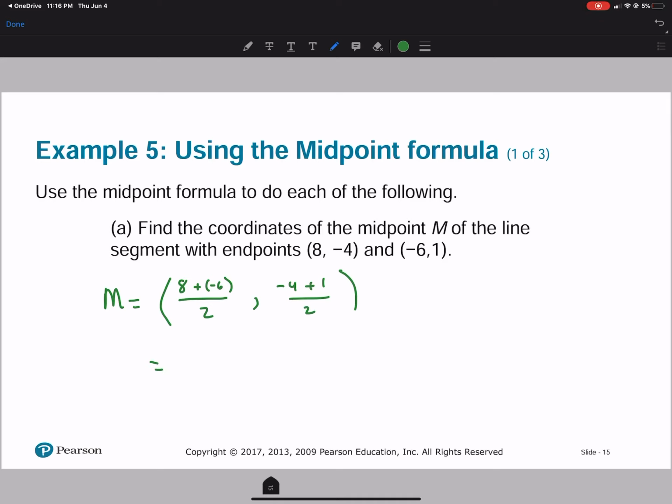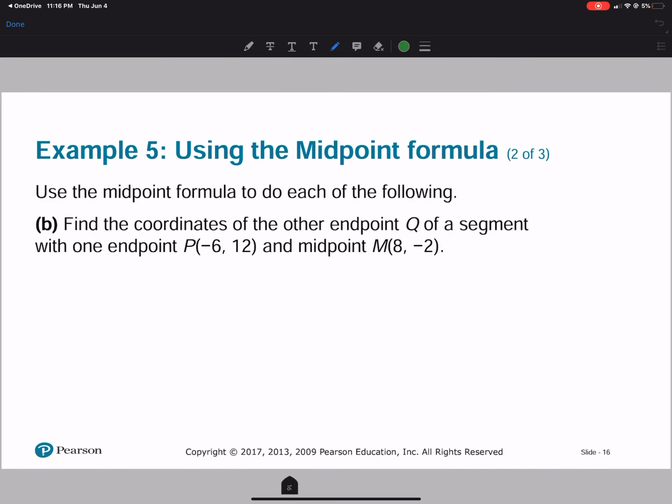We add those, it's going to be 2 over 2, so that'll just be 1, and then we'll get -3 over 2 for the midpoint. All we did is use the formula that we previously had.